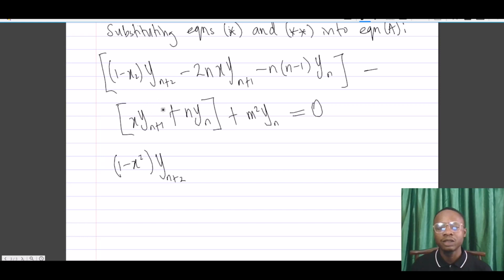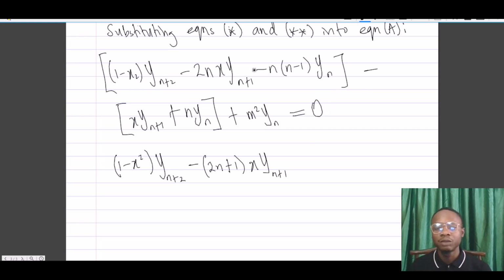So putting them together, they both have x, but this one is 2n and this one does not have anything like that, so this is going to be minus (2n + 1) x y_{n+1}. We move the minus outside, so it's minus of this and minus of this. And the next thing is the ones carrying y_n.